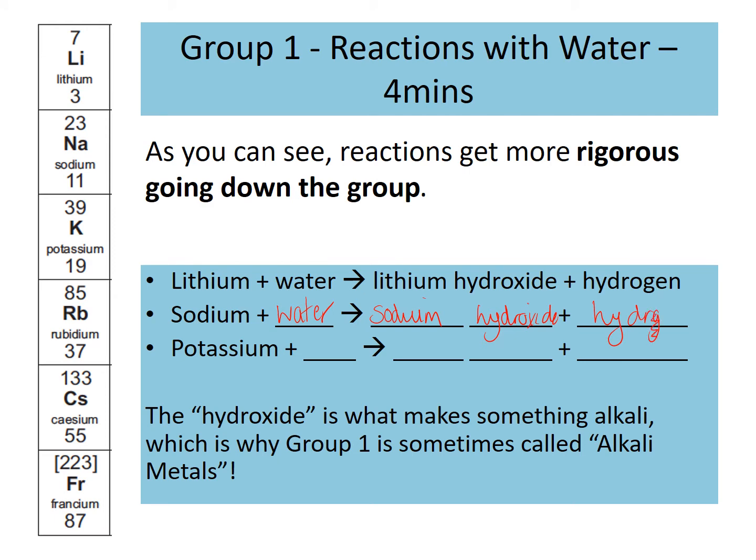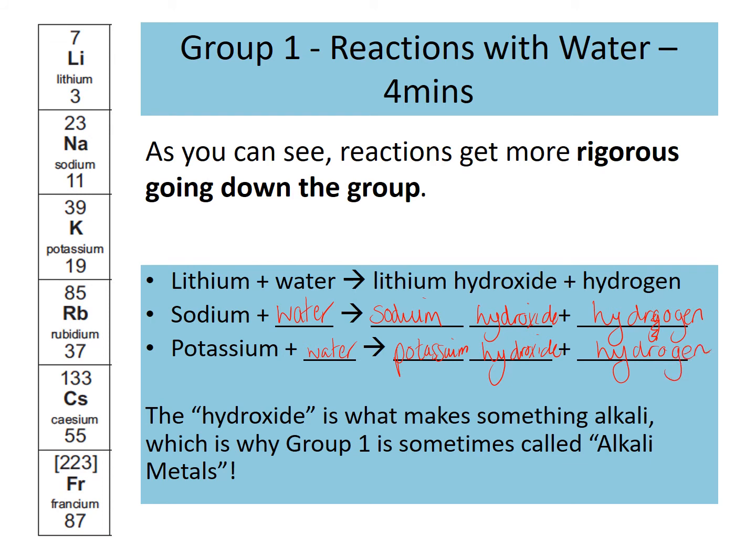If I can spell it, hydrogen. And then finally, if potassium reacts with water, it's going to follow a similar pattern. Instead of making sodium hydroxide, you make potassium hydroxide, and you also make hydrogen.